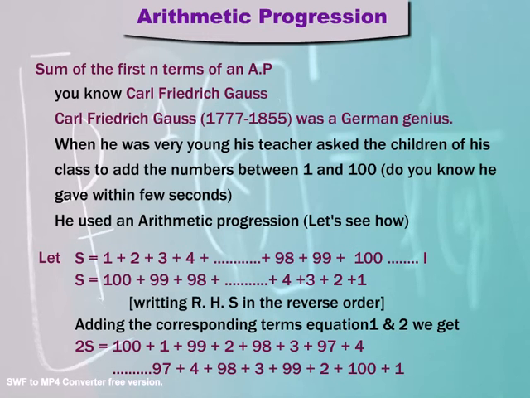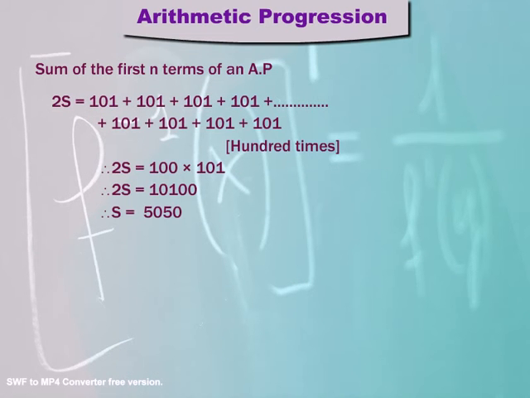Adding the corresponding terms, 2S equals 100 plus 1 plus 99 plus 2 plus 98 plus 3 and so on plus 2 plus 99 plus 1 plus 100. So 2S equals 101 plus 101 plus 101 and so on. This is done 100 times.